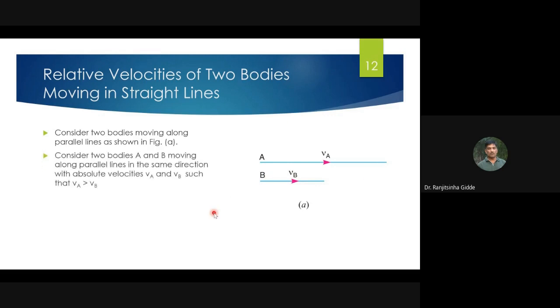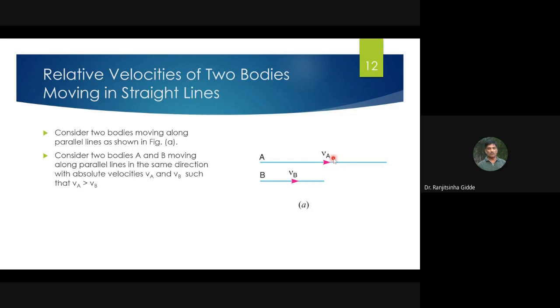So this VA and VB are absolute velocities, and what you are observing from this diagram is that VA is greater than VB.